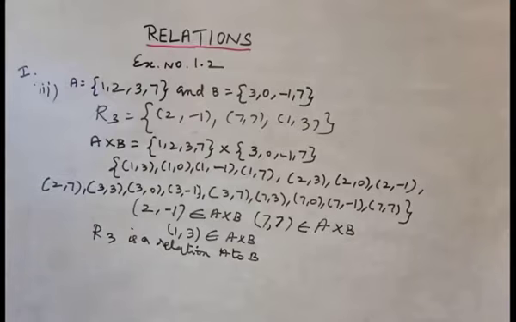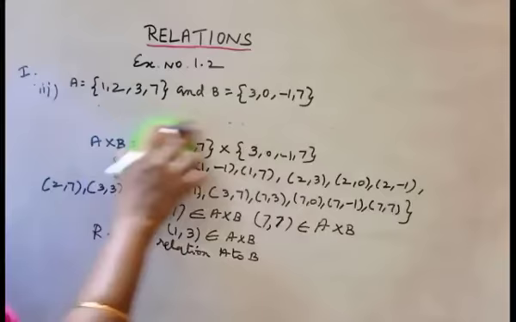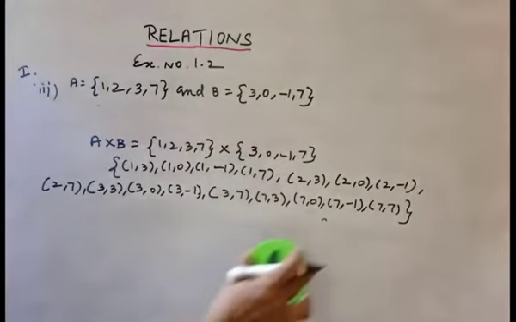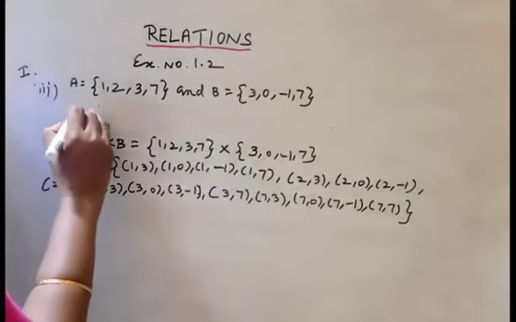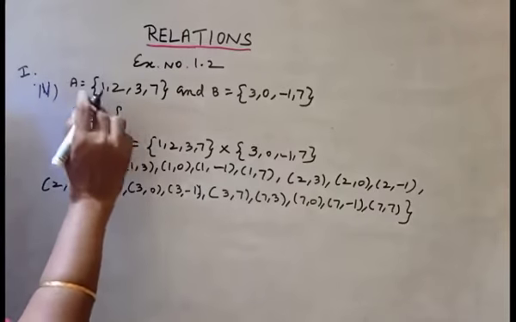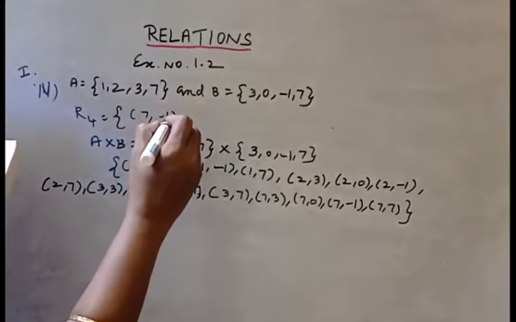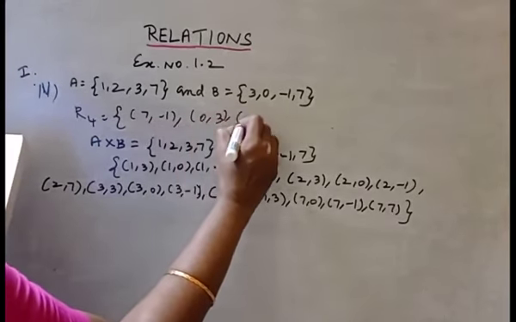Next, fourth sum. Fourth one, R4 equal to {(7, -1), (0, 3), (3, 3), (0, 7)}.